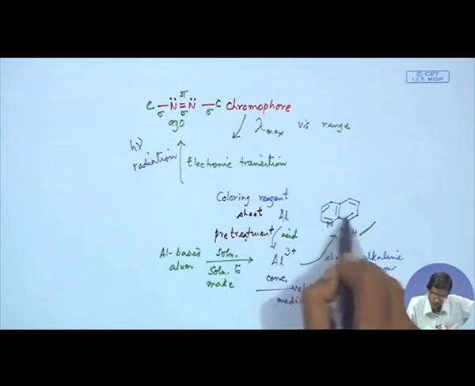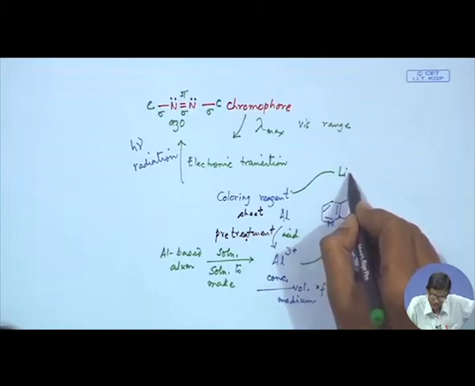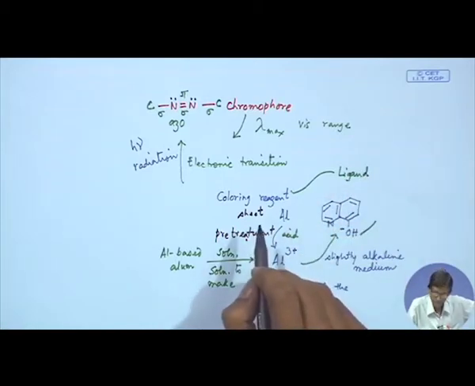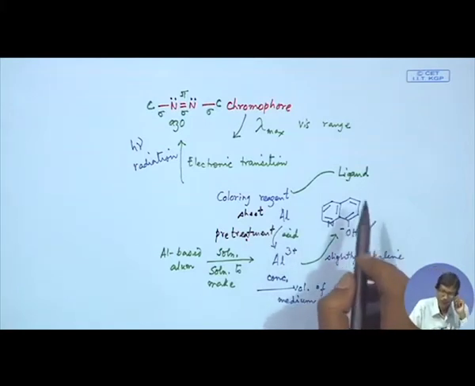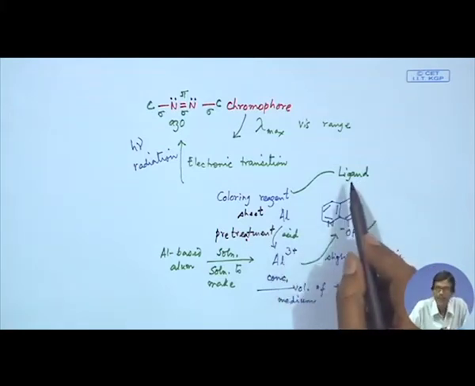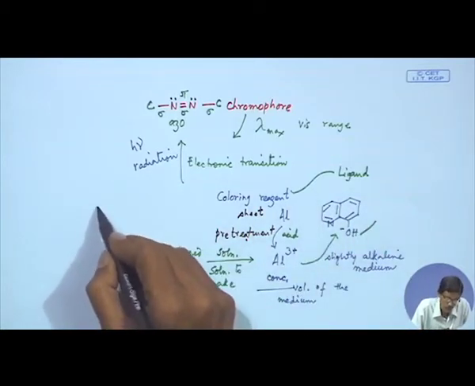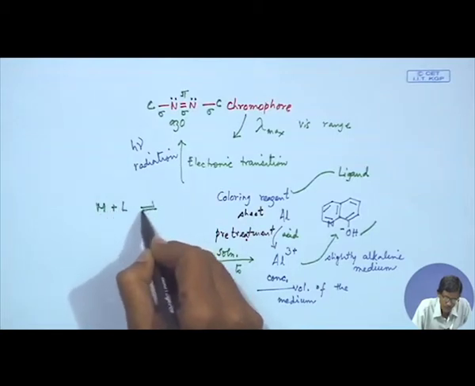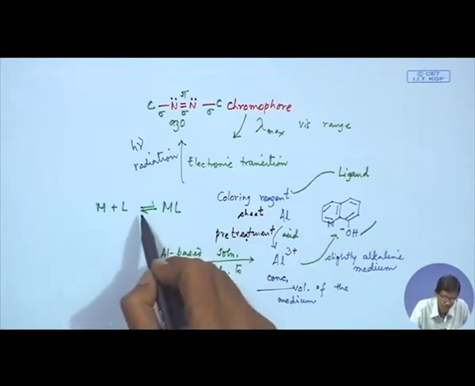So, this particular reagent is nothing but a ligand. In coordination chemistry, that is what we study as a ligand. So, we will be exploiting that particular reaction of a metal ion and the ligand. Whatever we have studied at school level also, M is reacting with L, giving rise to the corresponding formation of ML, as we have seen in different chemical equilibria also.